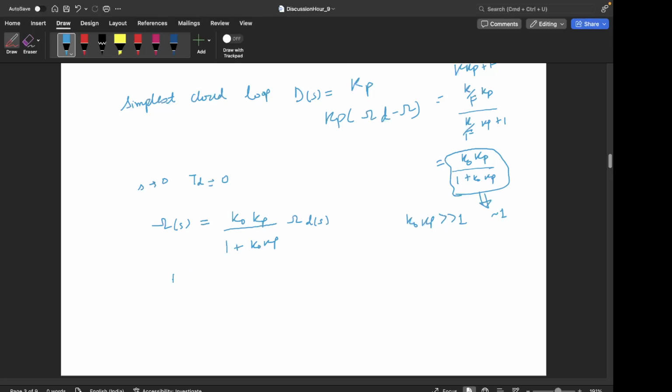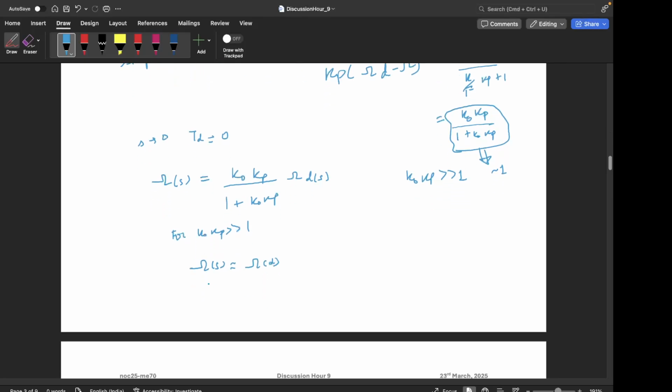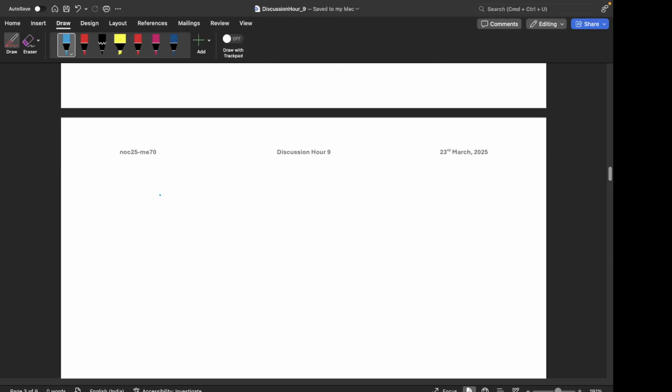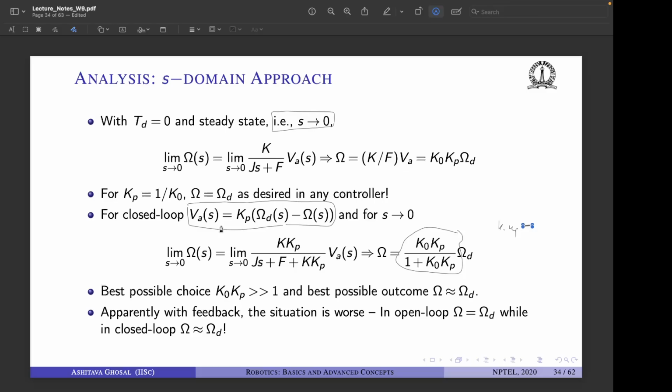So for K0 KP much greater than 1, omega S is close to omega D. We are not getting exact equality here. So at this point it seems that, why not use open loop control, but the entire picture has not been revealed yet, and things will become much more interesting when we add disturbances. So next is that.